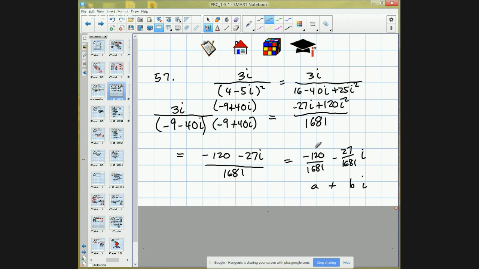And I don't believe those can be simplified any further. But you would actually have to check the numbers. Does 3 go into the 1681? 5, 15, 18. Nope, it doesn't. So I'm pretty sure that's simplified. And I know that looks odd, but there's a standard complex form answer for that problem.